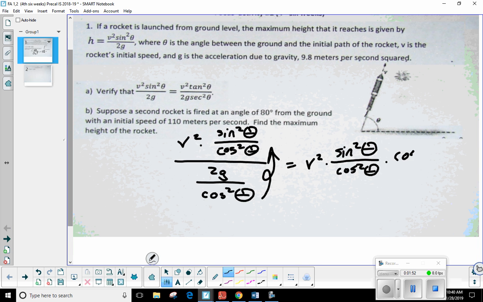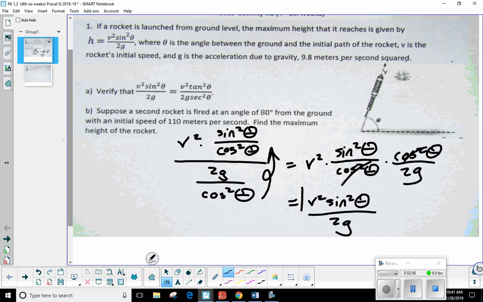Looking at the wrong thing. So that is cosine squared of theta over 2g. Sorry about that. So the cosine squares cancel, and if I multiply that back together, we do get the v squared sine squared of theta over 2g. Okay. So it is a valid statement.